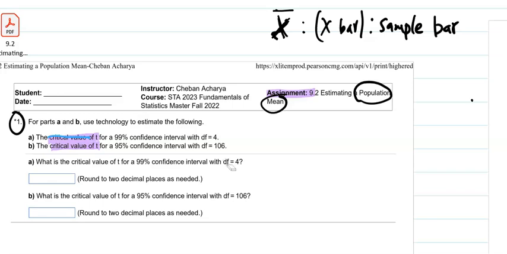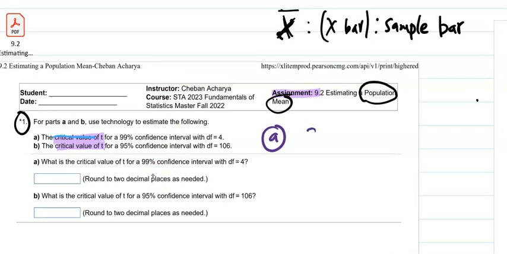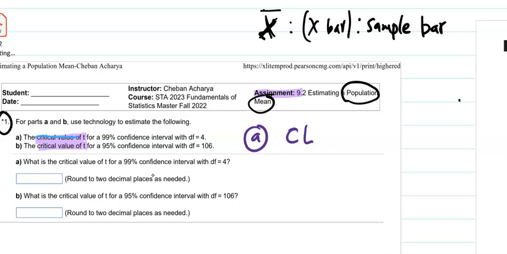Part A, you have to find the critical value of t for 99% CL. CL stands for confidence level, and confidence interval here is the same as confidence level. CL equals 0.99 in part A with the degree of freedom DF equals 4. You have to find the critical value of t.